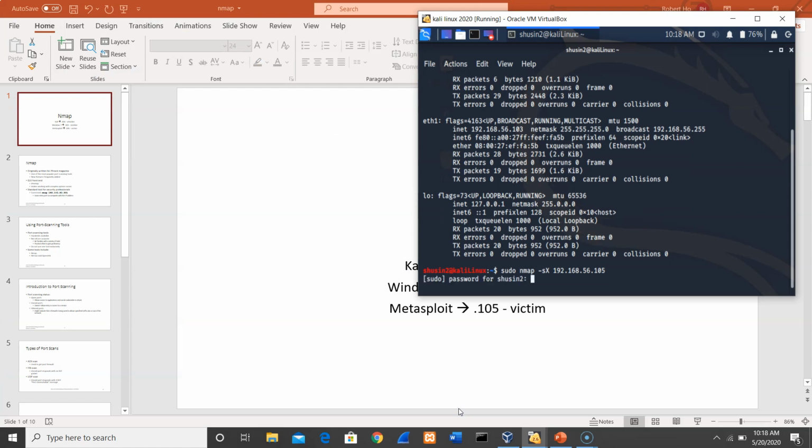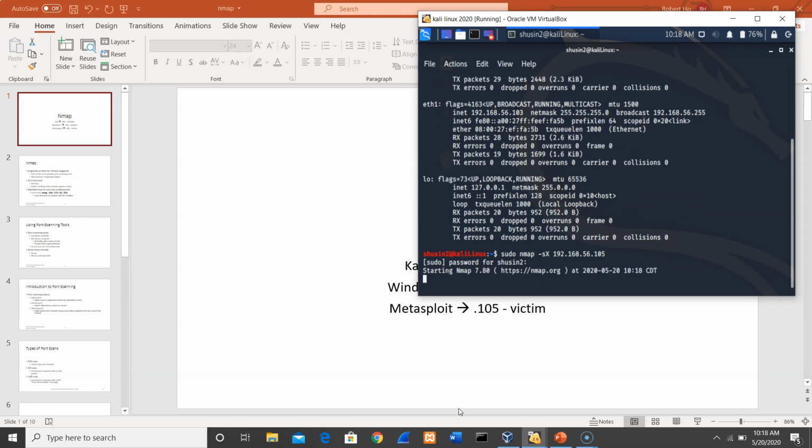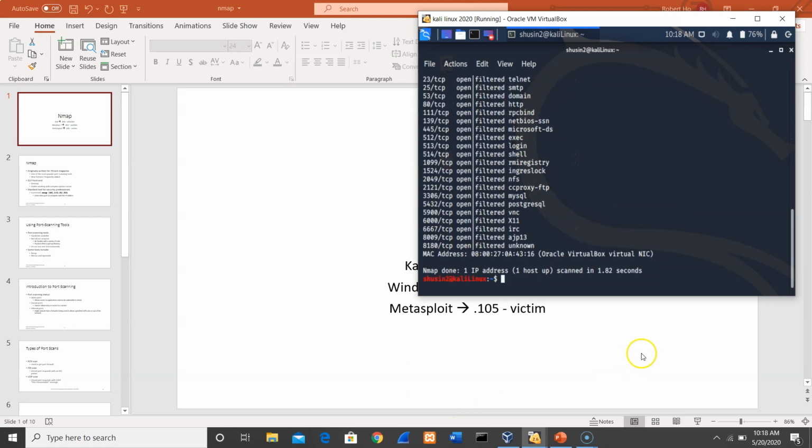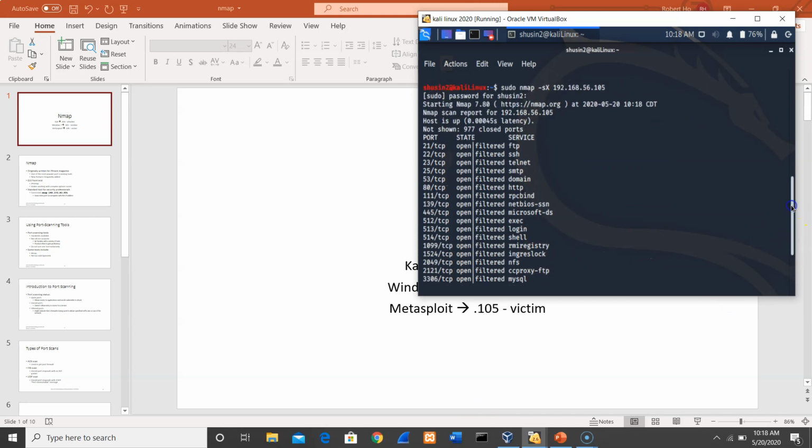It will ask you for a password because this requires privileged mode. Notice that I just ran a Christmas scan against the Metasploitable, right? There are 977 closed ports, and the others are open|filtered.